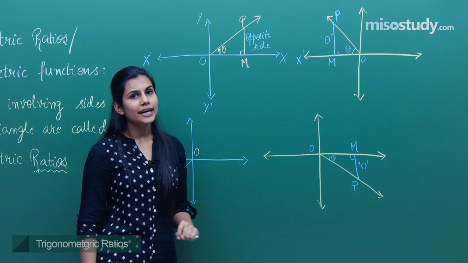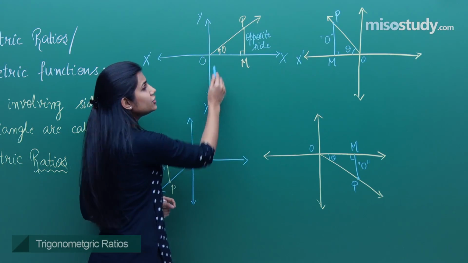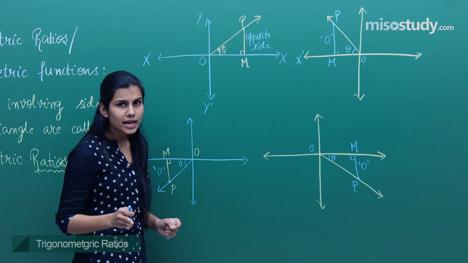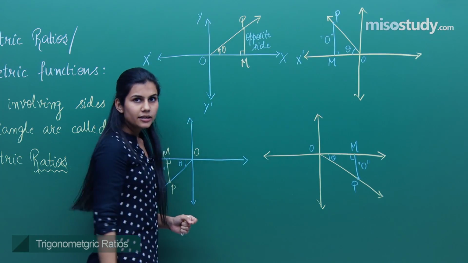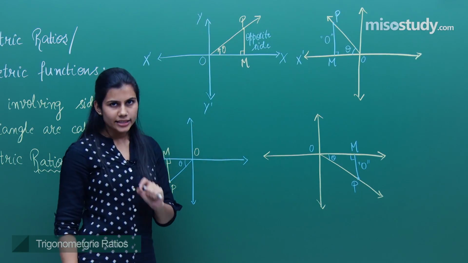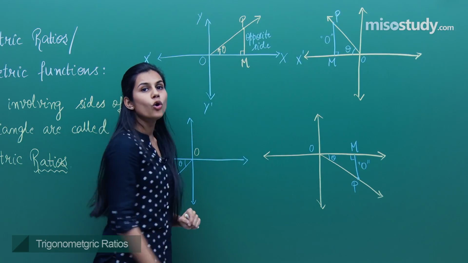Moreover, another side is there which has a name. The side which is adjacent to this angle theta. Out of the three sides of this triangle, OM, PM and OP, PM happens to be the opposite side of the angle theta in every case. What about the side OM?